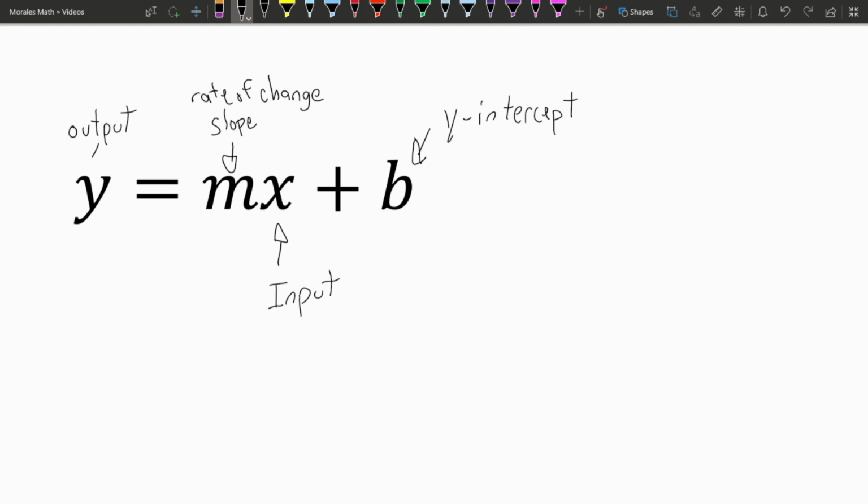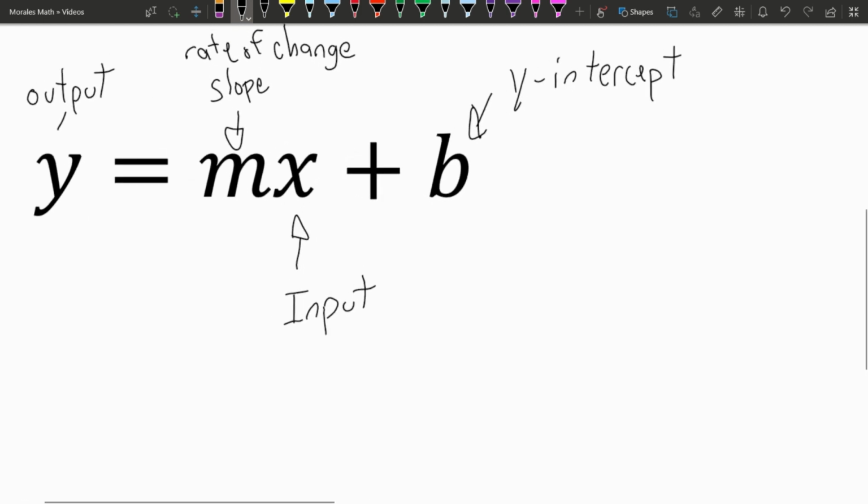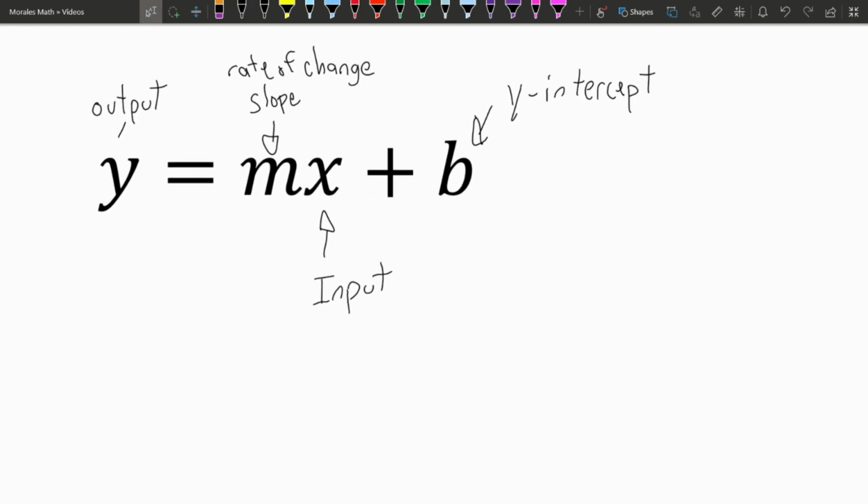So to tie this all together, I'm just going to use an illustration to make a little sense of this. Now, this is not the only way the slope-intercept form or a linear equation is used, but we can use it like this. So imagine you got a job. Your job is paying you $7 an hour. And when you first got hired, you got paid on the spot, day one, $3.